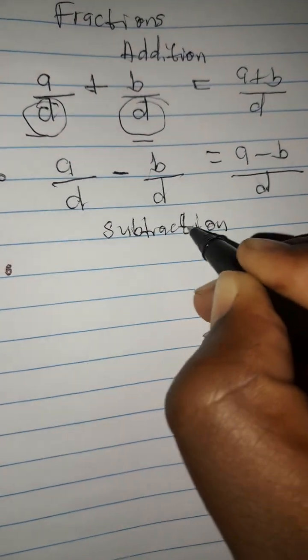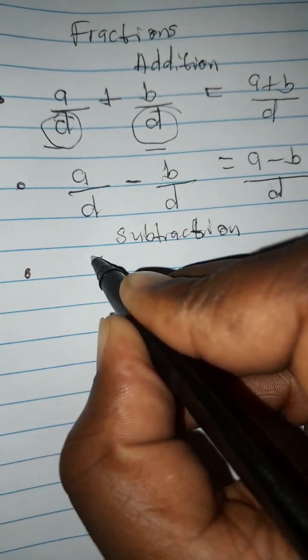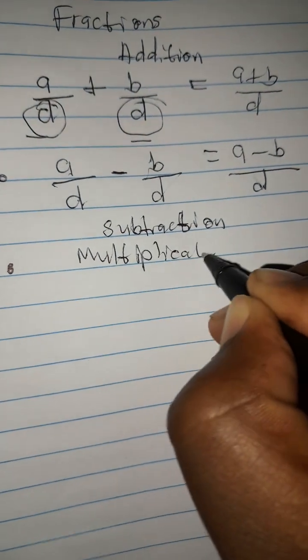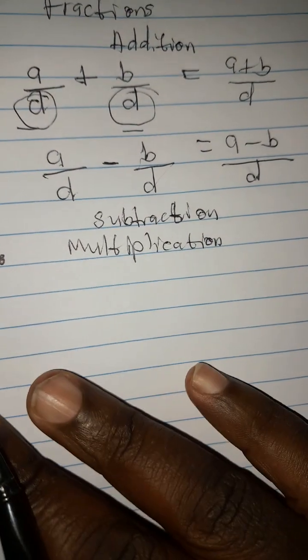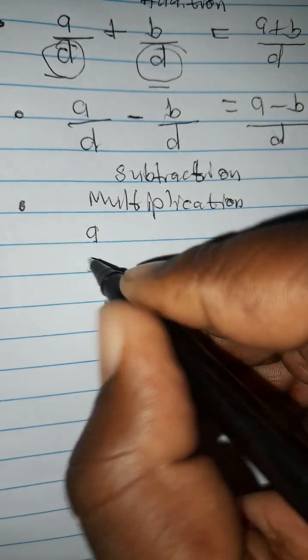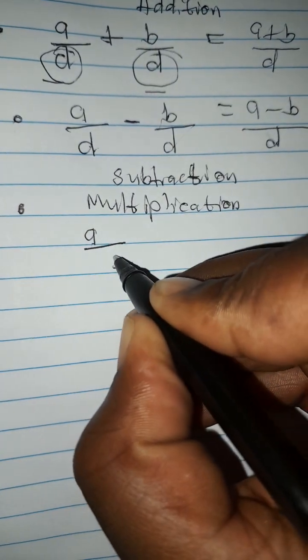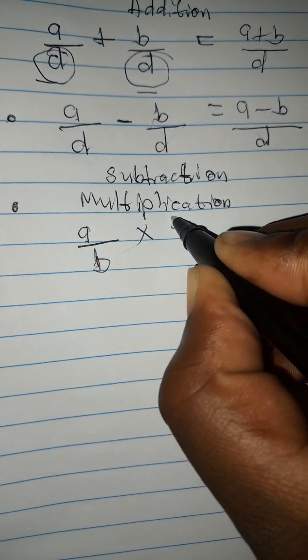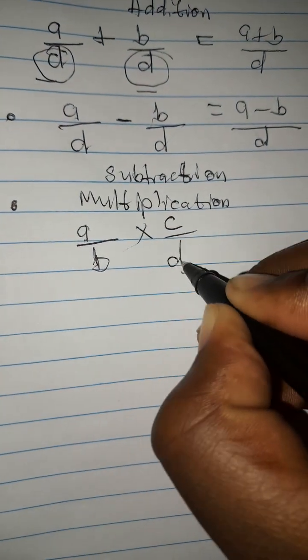We'll go to the third one that involves multiplication. Here we're given a divided by b multiplied by c divided by d.